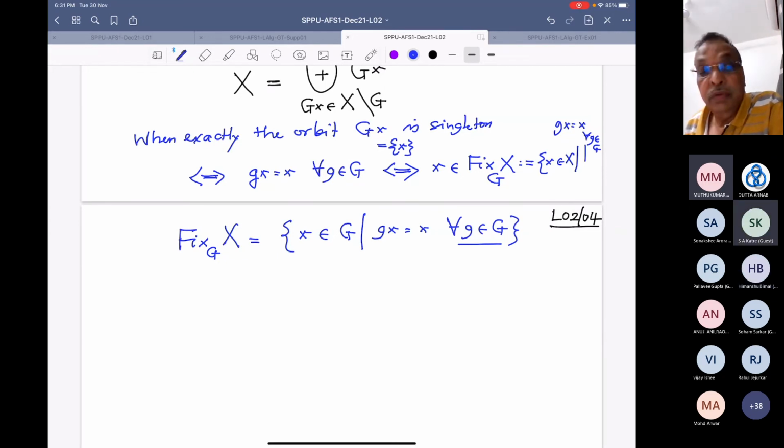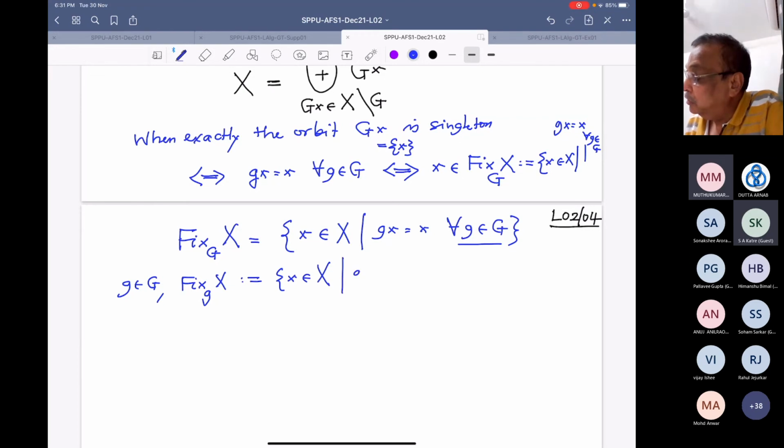So in this definition, do you mean x belongs to G or x belongs to X? No, x belongs to X, sorry. Thank you. So we could also have defined Fix(g), given a g in G. This is precisely all those x in X which are fixed only under this g.